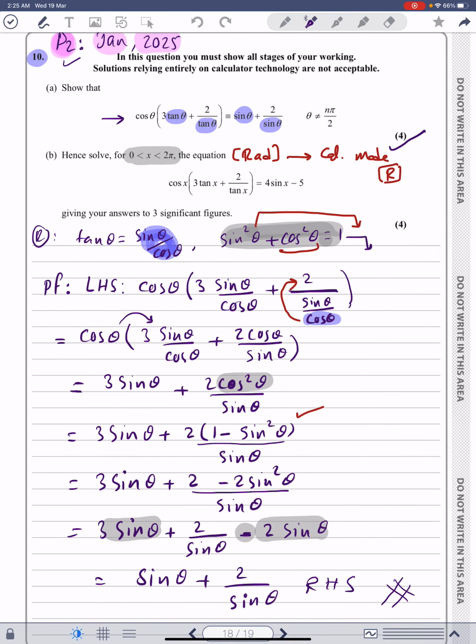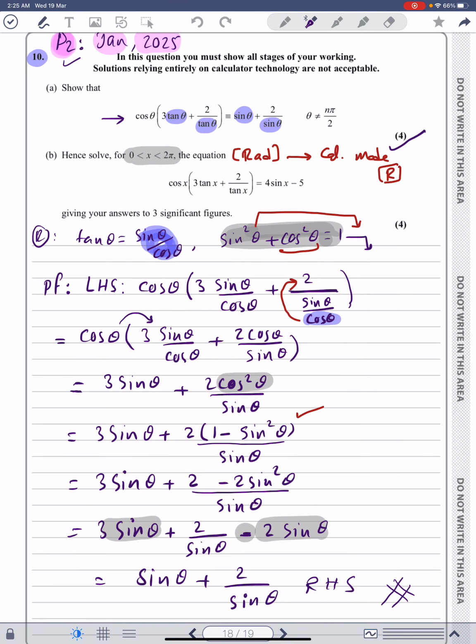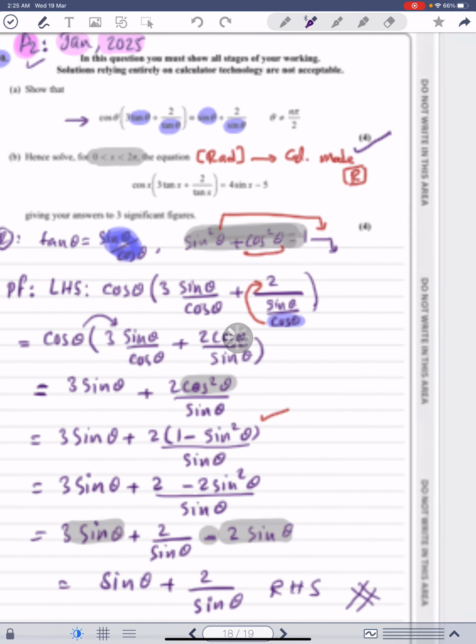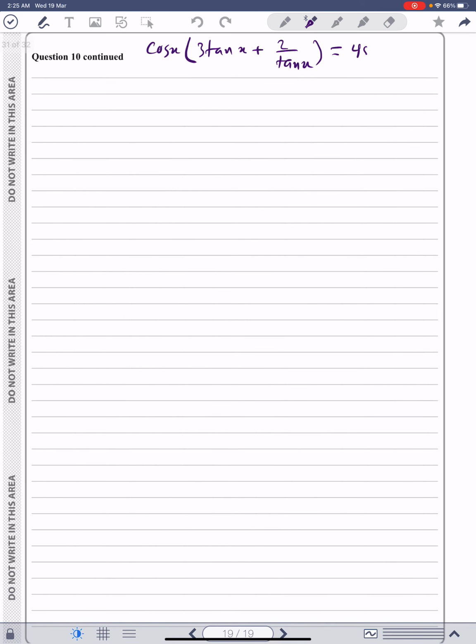You are given cosine x times (3 tan x plus 2 over tan x) is equal to 4 sine x minus 5.